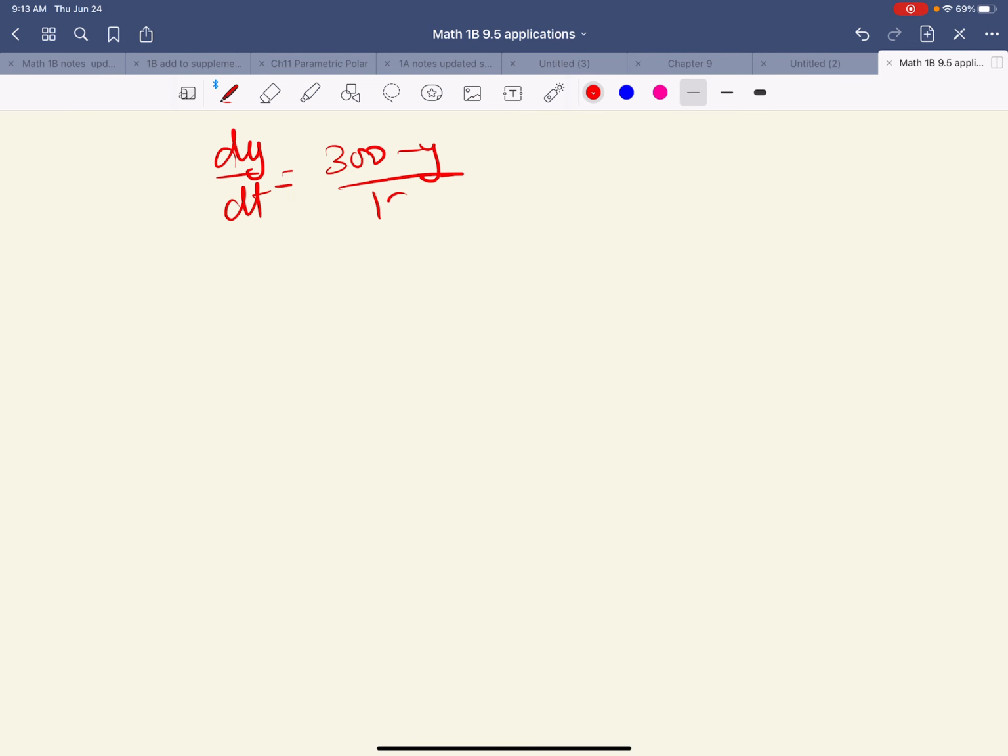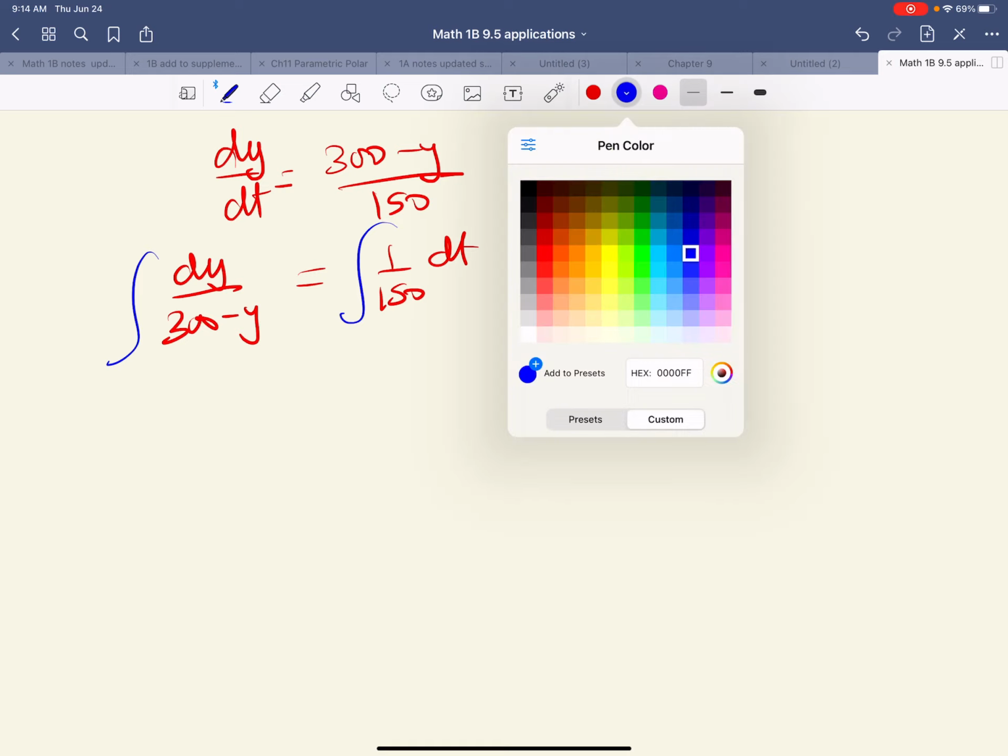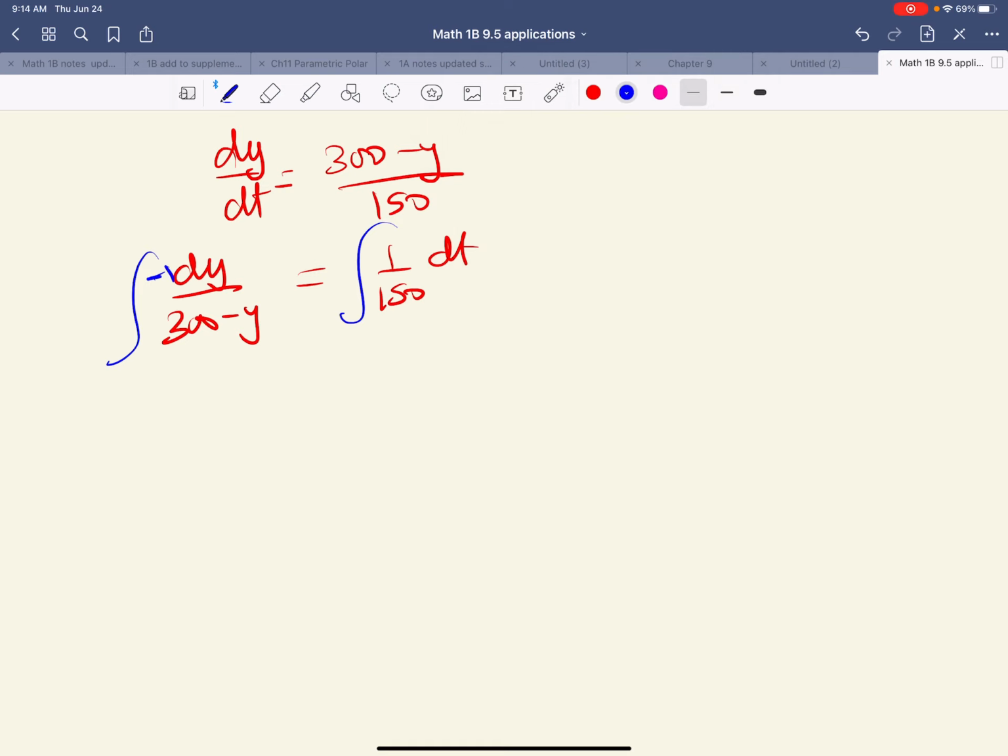It is time to separate the variables. I'm going to write it as dy over (300 minus y) equals 1 over 150 dt. We take the integral on both sides. In order to use a natural log, I need the derivative of the denominator on top, so I'm multiplying and dividing by -1.